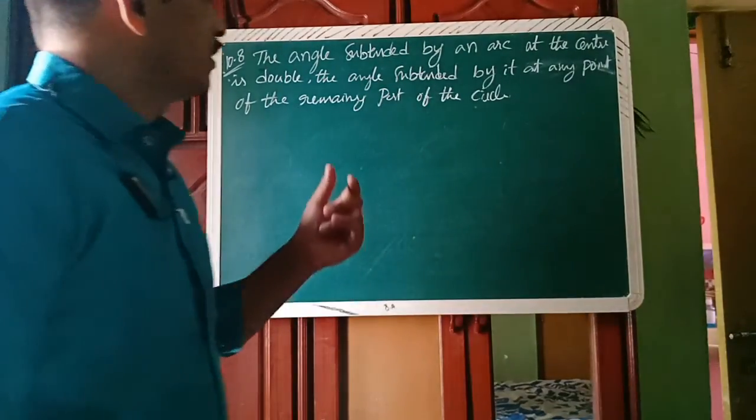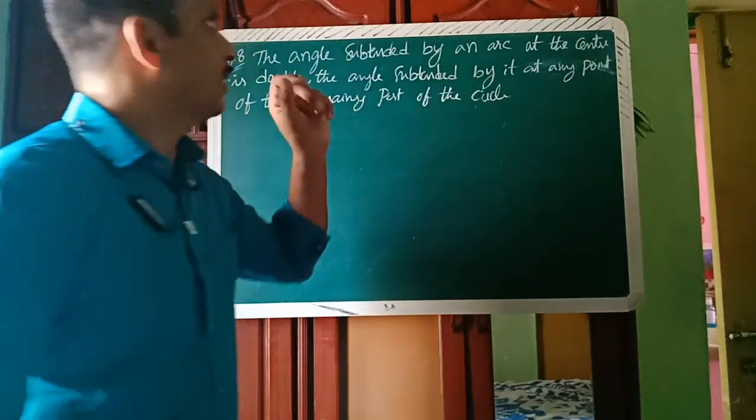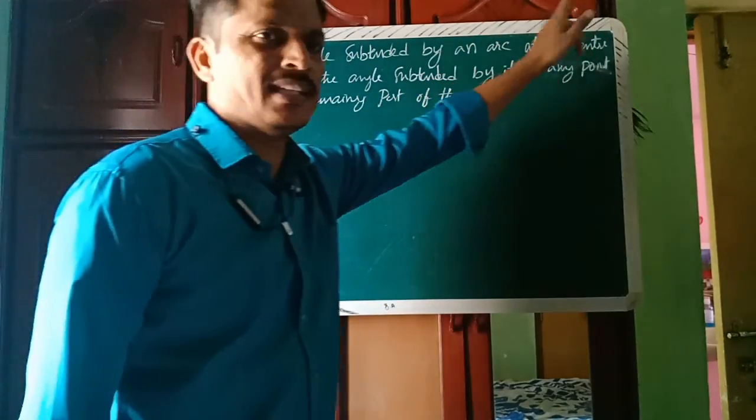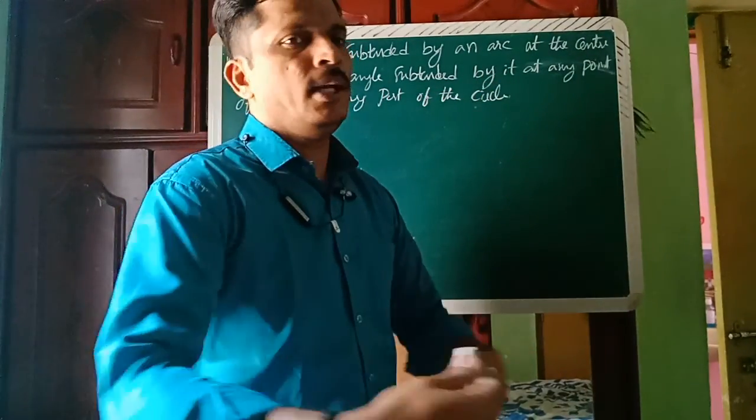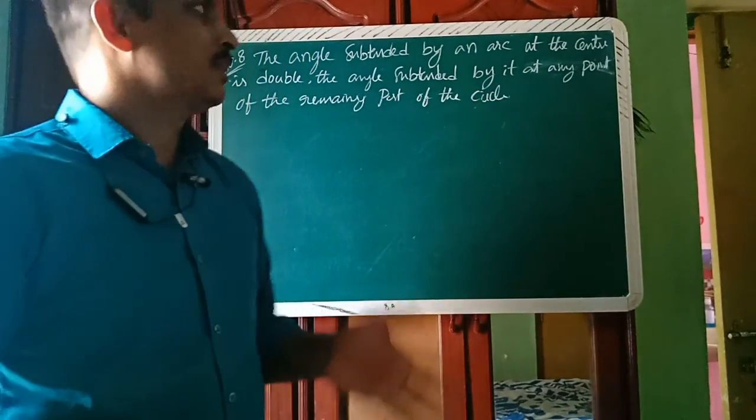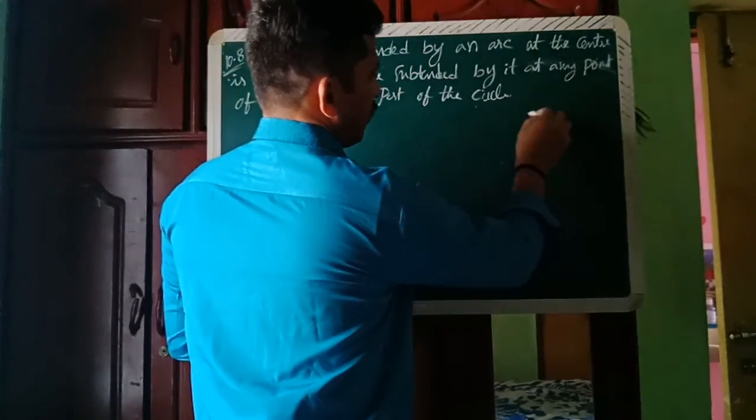So, a very important theorem: the angle subtended by an arc at the center is double the angle subtended by the remaining part of the circle. So we will write a shortcut.